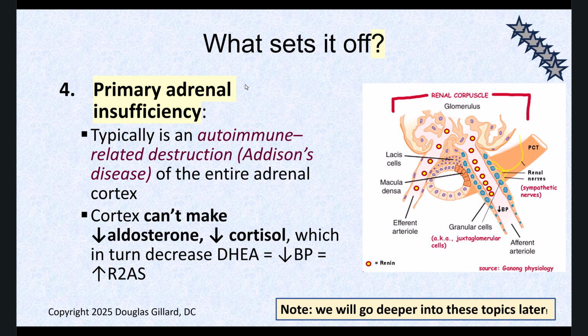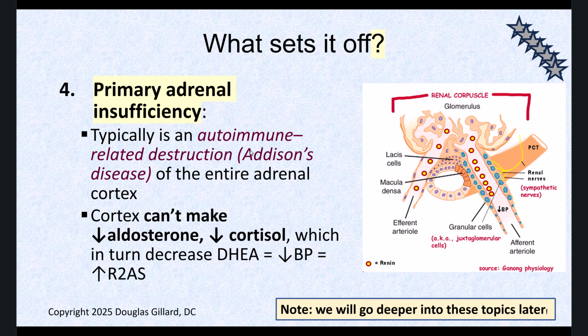Primary adrenal insufficiency. Remember, Addison's disease is a subcategory of primary adrenal insufficiency. It's typically autoimmune related. 21-hydroxylase gets attacked, remember that? And that's Addison's disease.